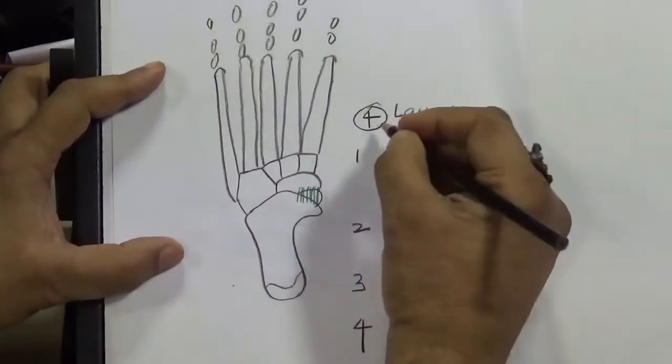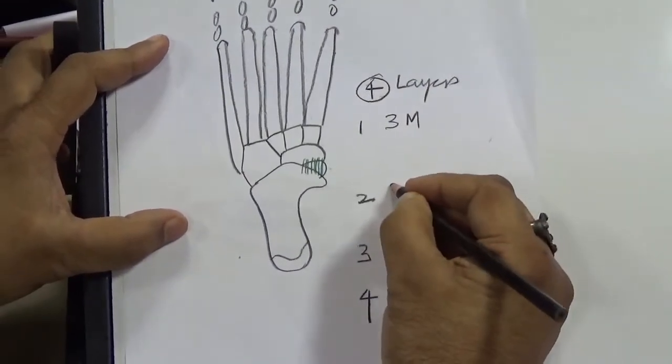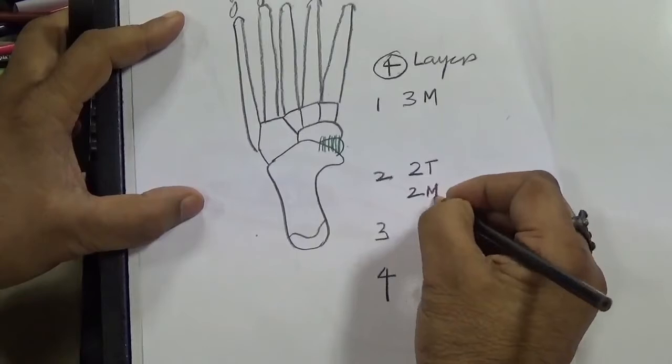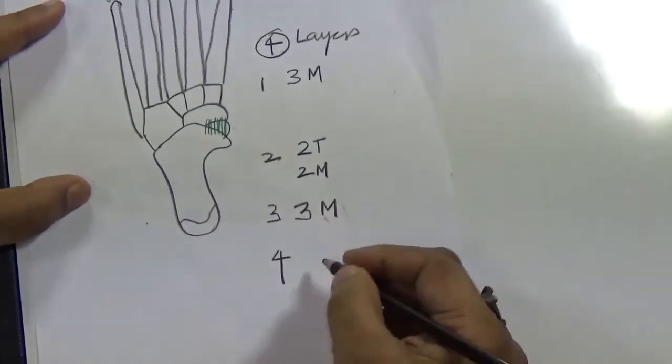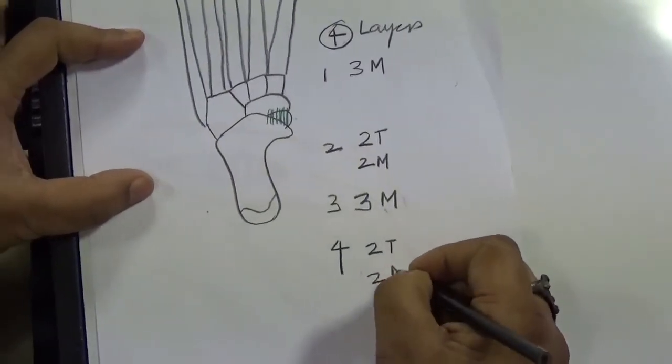The first layer consists of 3 muscles. The second layer consists of 2 tendons and 2 muscles. The third layer again consists of 3 muscles. And the fourth layer again consists of 2 tendons and 2 muscles.